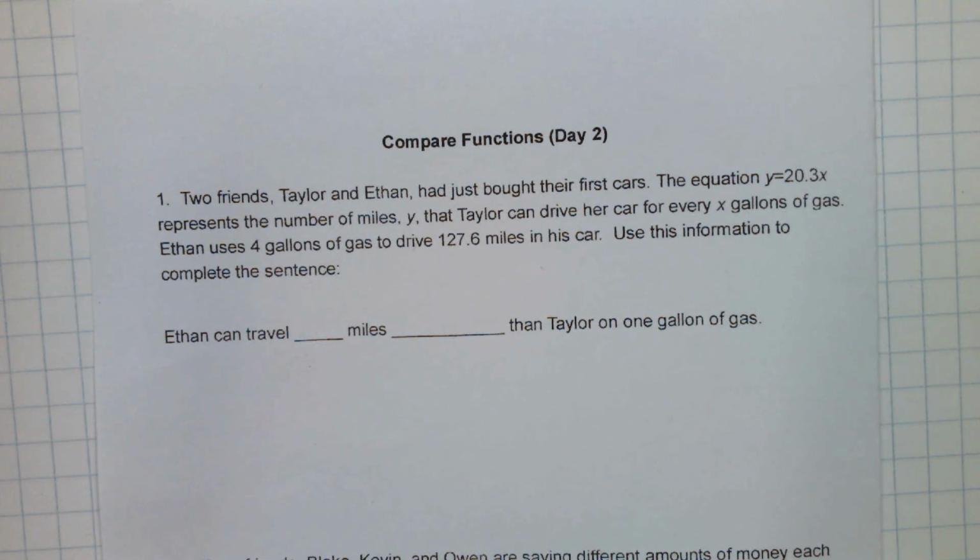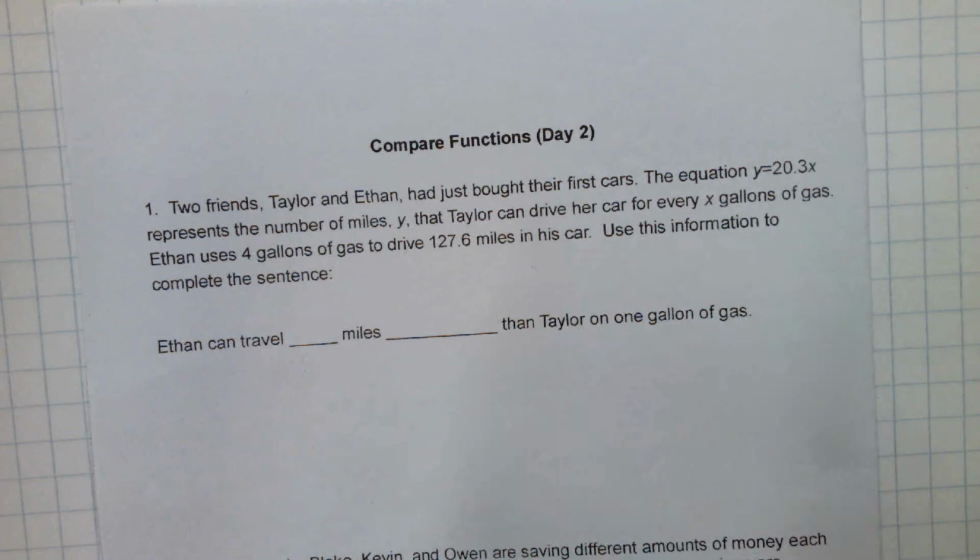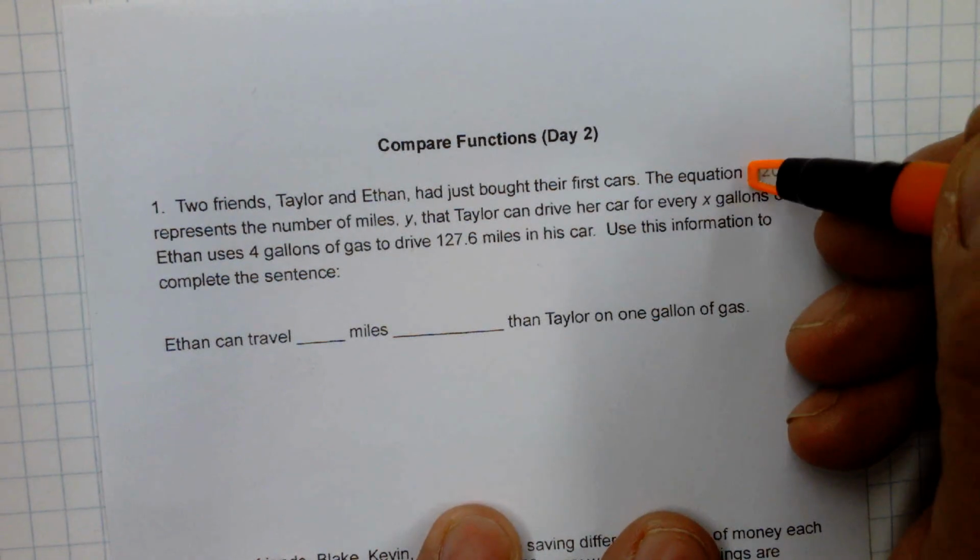So let's take a look. So let's go back. You may want to grab a marker, a dry erase marker, or a highlighter, or something to do some underlining or highlighting. Okay. So they bought their first cars. The equation, let's highlight the equation.